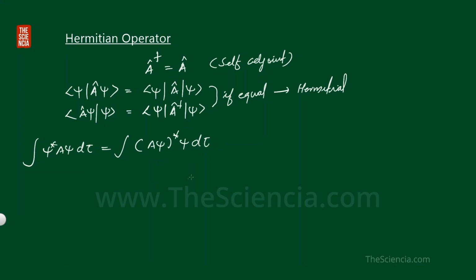If it satisfies this, A is called a Hermitian operator. And suppose A dagger is not equal to A but equal to minus A, then we can say it is an anti-Hermitian operator.